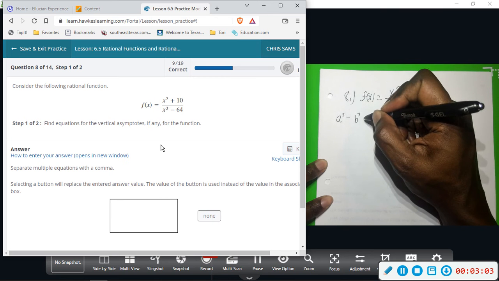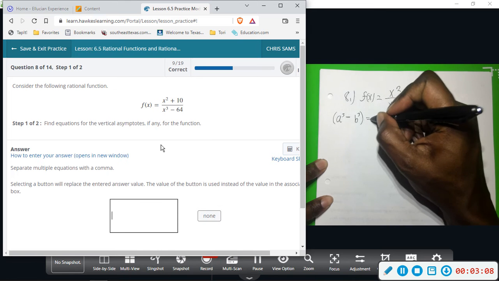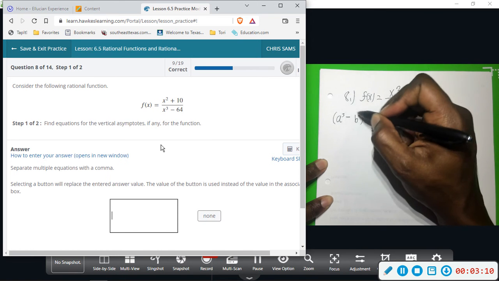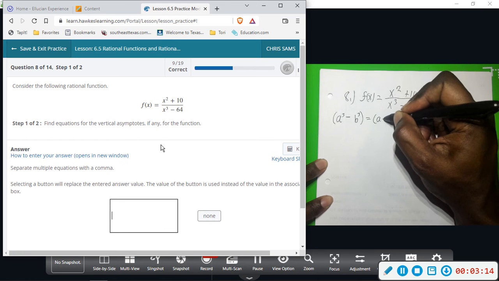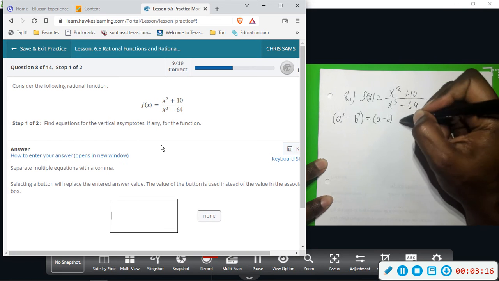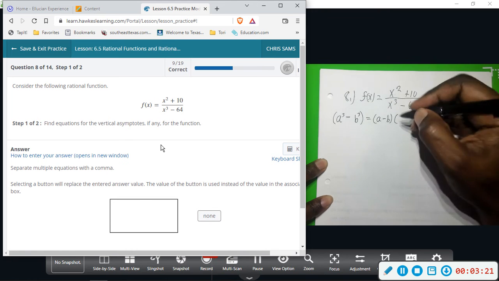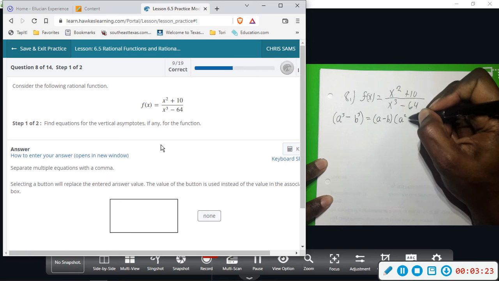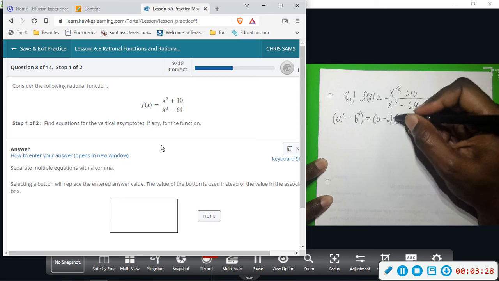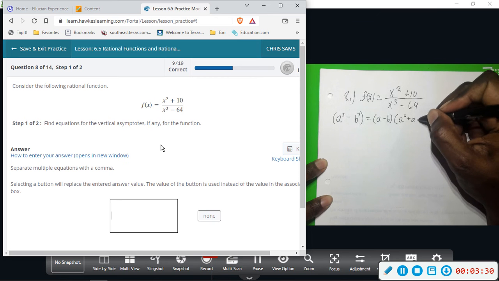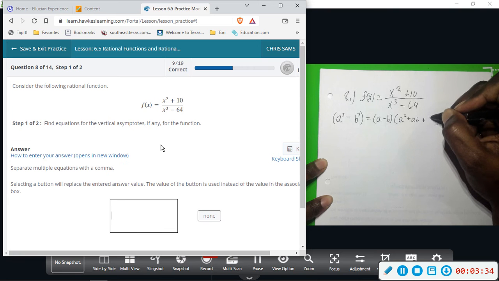If you have 2 terms that are perfect cubes, this is factored by taking the cube root, keeping the sign the same. So you have a minus b, and then another parenthesis, and you square the first term, a squared, opposite sign, multiply the 2 together, ab, and then square the last term, and that is always positive.